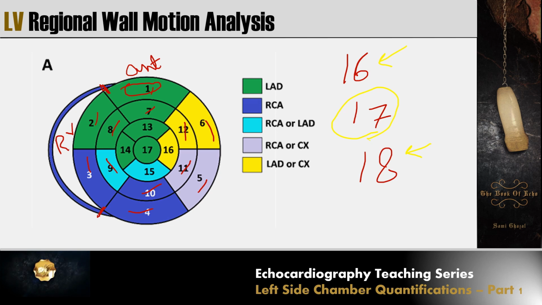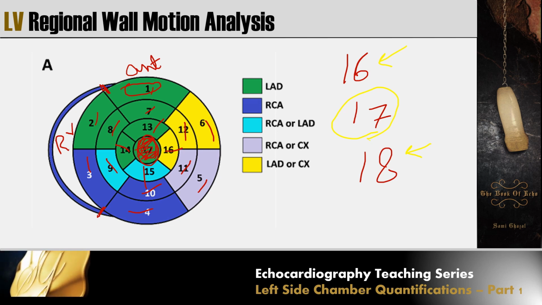Then we go to the apex. In the 17 segment model, you will have the anterior apex, septal apex, inferior part of the apex, and lateral part of the apex, and then segment number 17, which is the apical cap. In the 16 segment model, you don't have this apical cap.